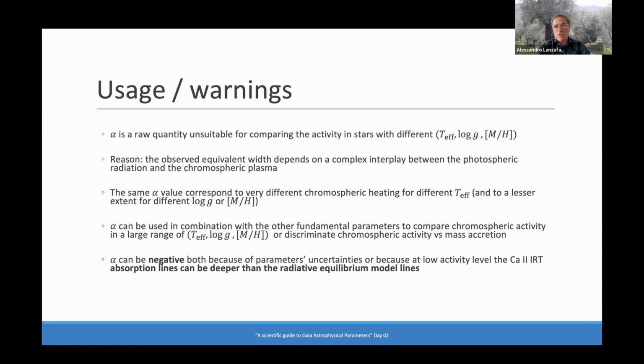So again, I stress the point, we give this alpha, which is a basic raw quantity, which the user can use as they wish, but users must be careful about the fact that this alpha cannot be used to compare very different stars. Something else must be built from this alpha. And we give a very simple recipe for doing that.